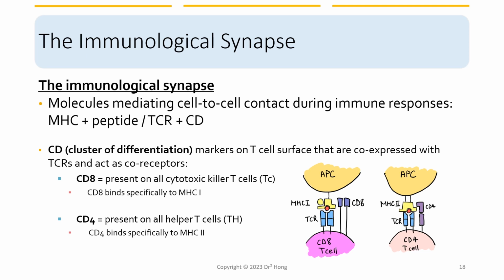Hold that thought. And CD4 matches with MHC class 2. 2 and 4 together: 2 times 4 equals 8. And 1 times 8 equals 8. With that trick, you should be able to match them very well: CD8 matches with MHC class 1 and CD4 matches with MHC class 2.